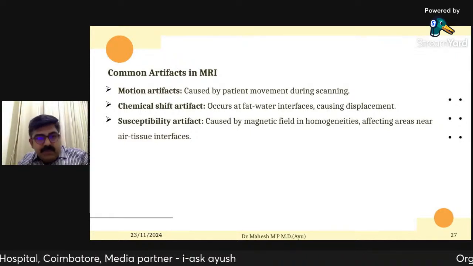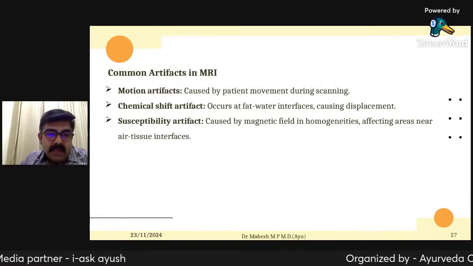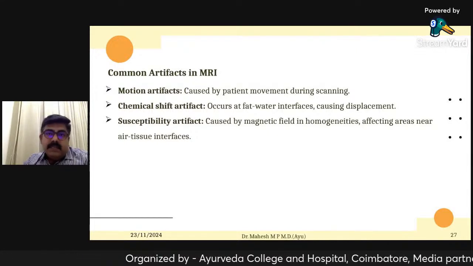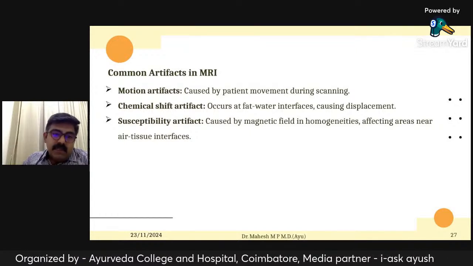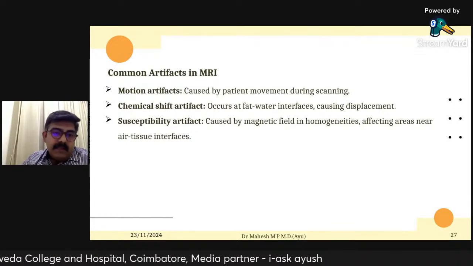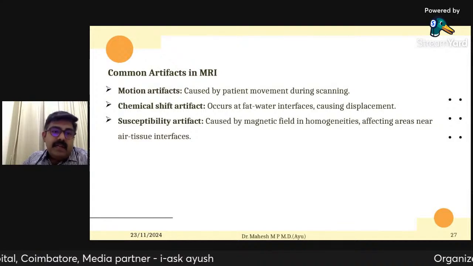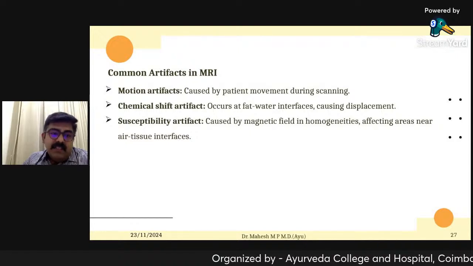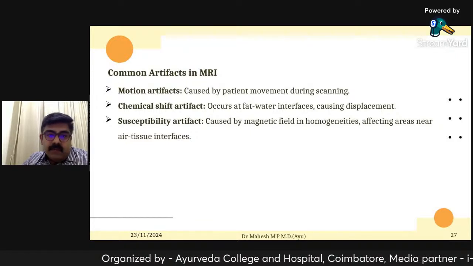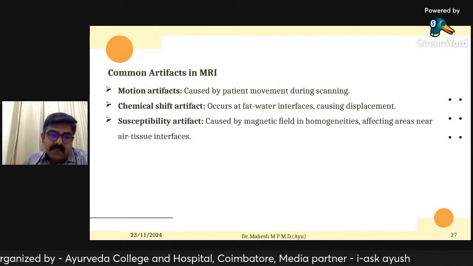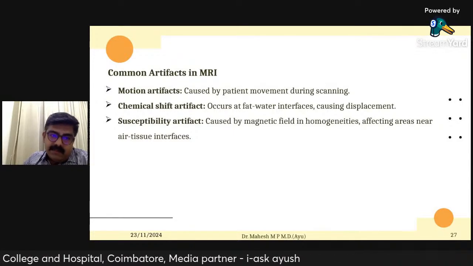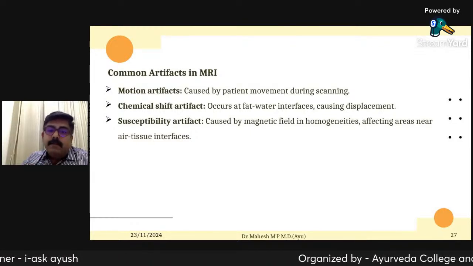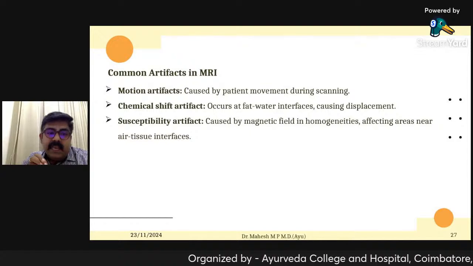And the artifacts: positioning errors do happen with MRI. That's why, as already mentioned, it is a time taking process, at least 30 minutes to 1 hour, to get a proper MRI scan completed. There are motion artifacts caused by patient movement during scanning, the chemical shift artifact occurring at the fat water interface causing displacement, and the susceptibility artifact caused by magnetic field inhomogeneities, mainly affecting areas near air tissue interfaces.